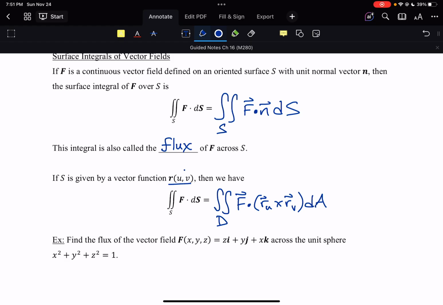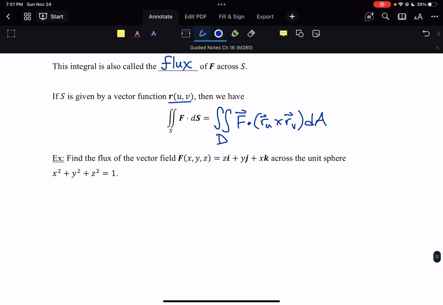Okay, so if we have a parametric surface here, we take the vector field dotted with the cross product r_u cross r_v, and then that produces some scalar function, which we can then integrate using the double integral. So let's take a look at this. Let's try this out.